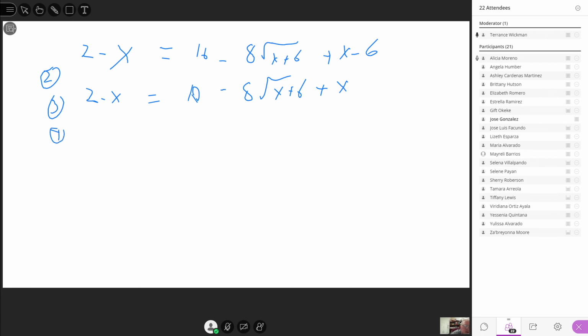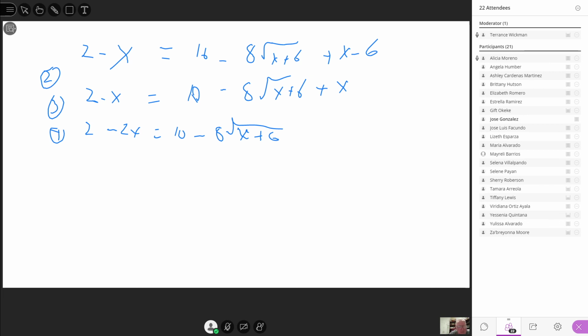So you end up with 2 minus 2x equals 10 minus 8 square roots of x plus 6. Bless you. Don't be ashamed. Okay, so negative 8 square root of x plus 6. It should have been 10.